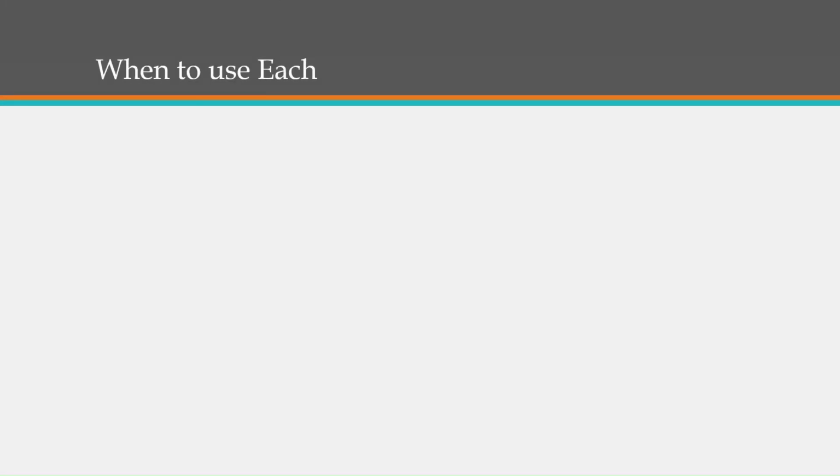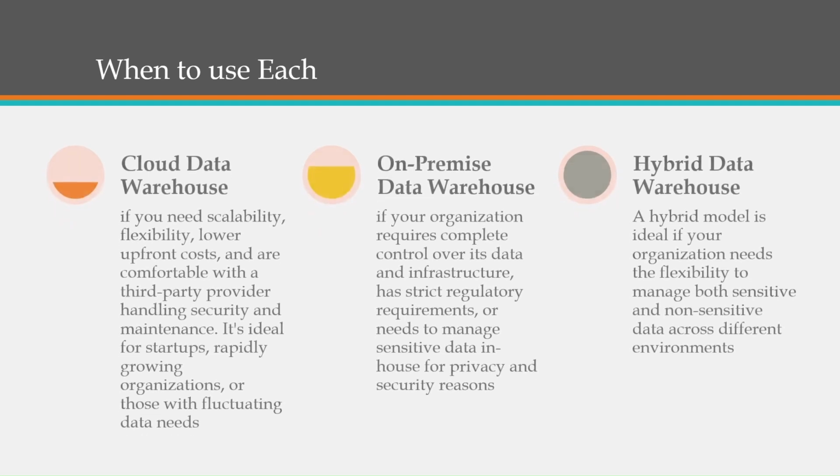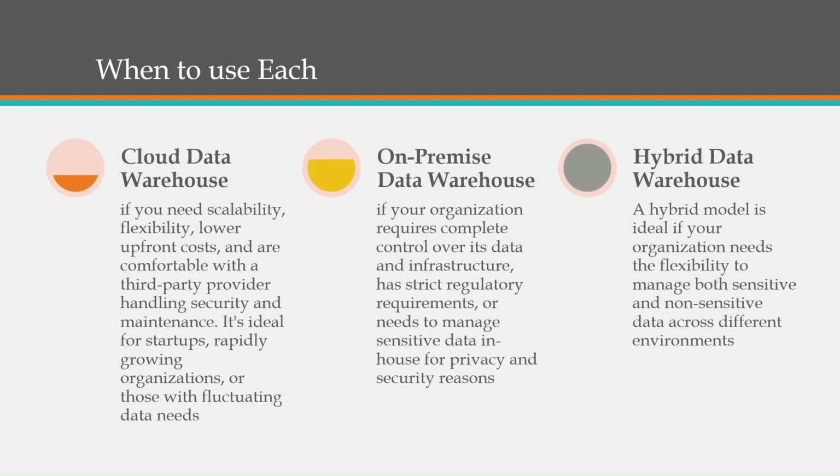Let's understand cloud data warehouse. If you need scalability, flexibility, lower upfront costs, and are comfortable with a third-party provider handling security and maintenance, it's ideal for startups, rapidly growing organizations, or those with fluctuating data needs.